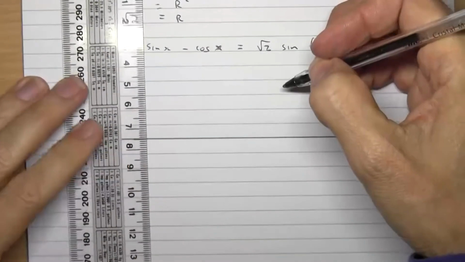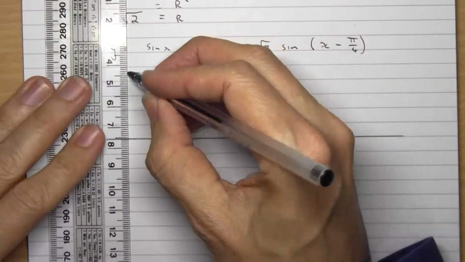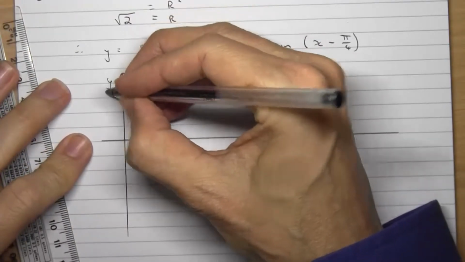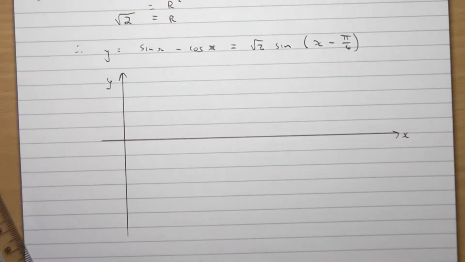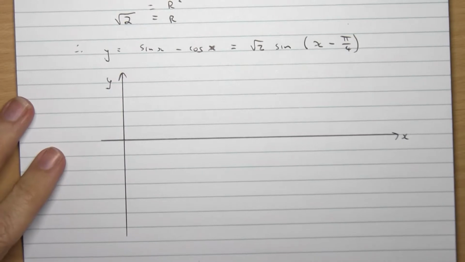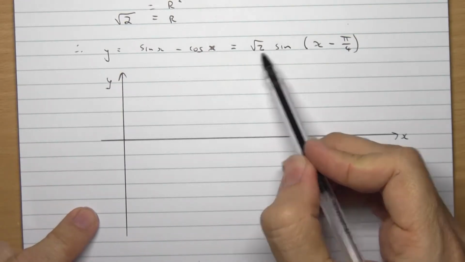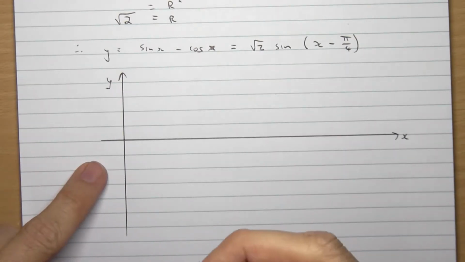I'm not going to worry about making this perfect and getting my grid paper out. Y, x. Okay, amplitude is root 2, which is 1.4.